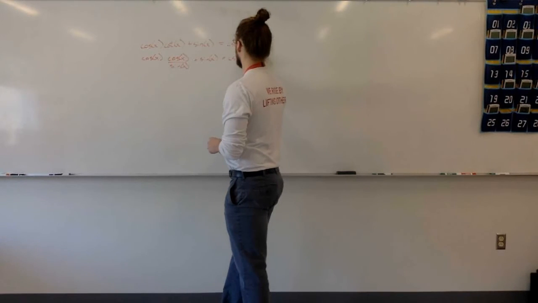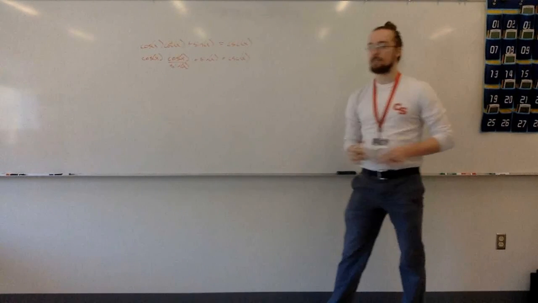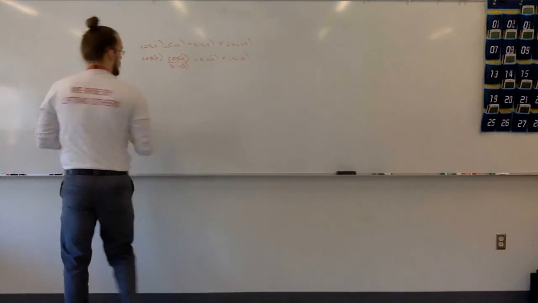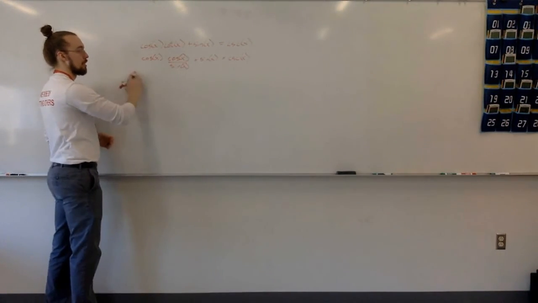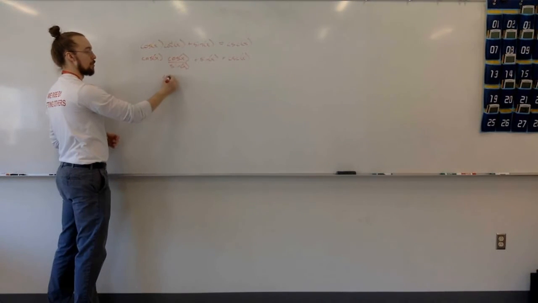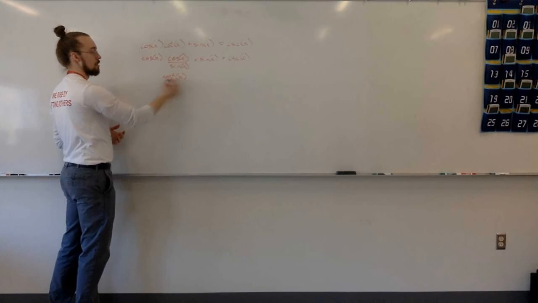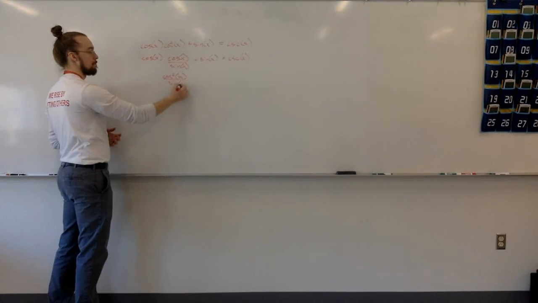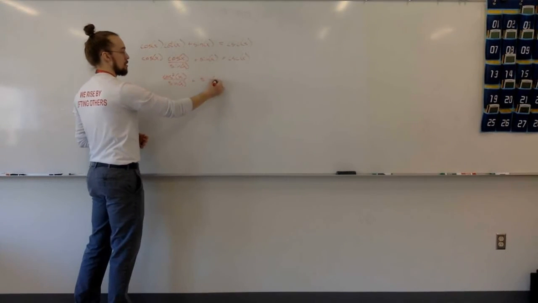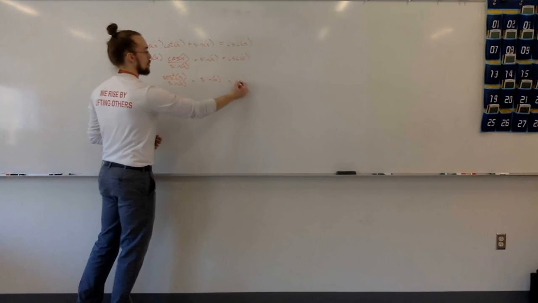And I want that to eventually equal cosecant. Well, what I can do then is actually multiply these together. So I would end up with cosine squared over sine plus sine of x equals cosecant of x.